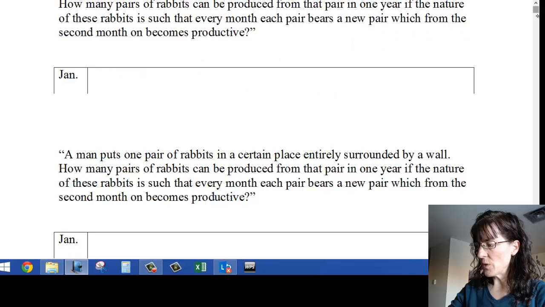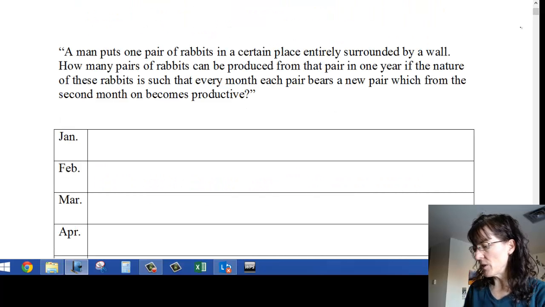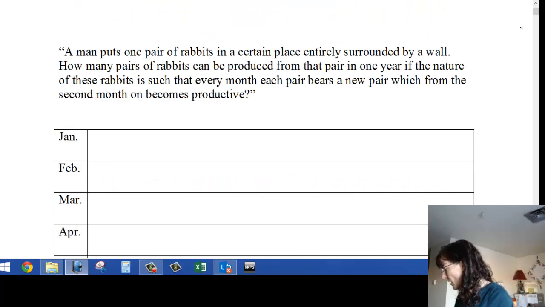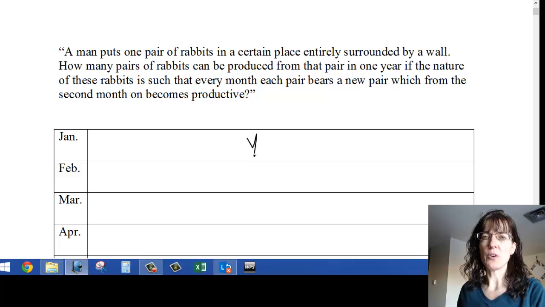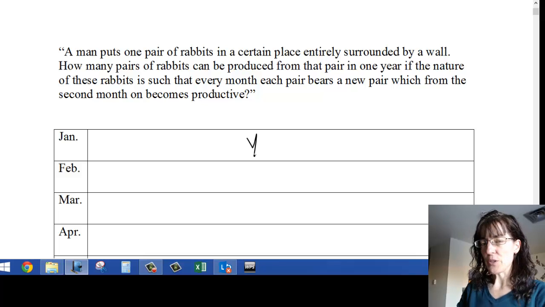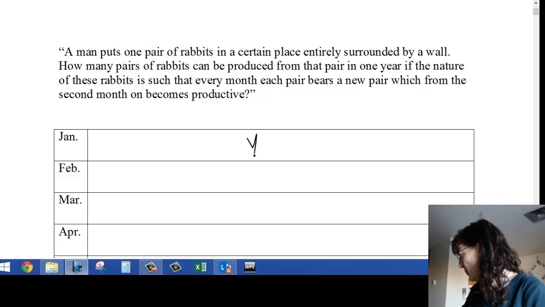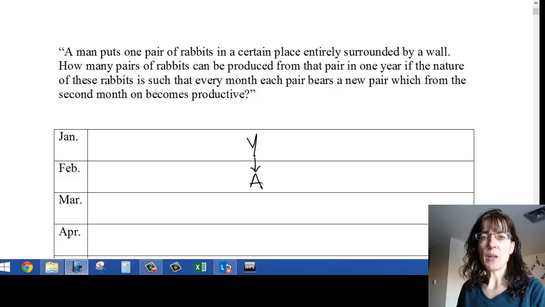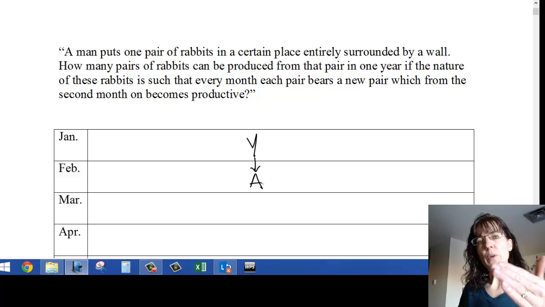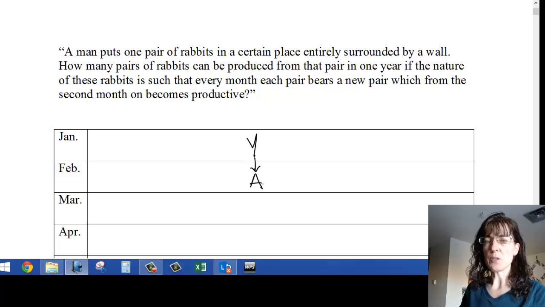So I'll show you kind of how you can get started on this problem. In the first month we have the original pair, and I'm going to put Y to show that they're youths because they're not quite ready to produce yet. And in the next month they will be adults, and at this point they can produce, so they're going to produce a pair and then they themselves will still be there.